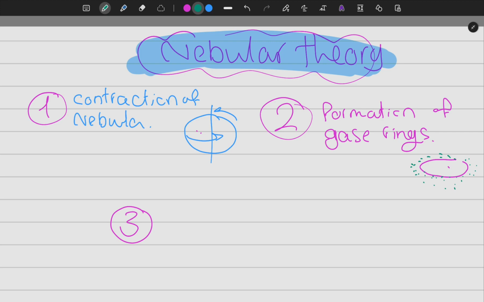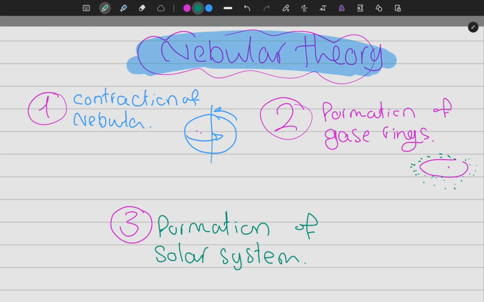Number three is the formation of the solar system. What about the formation of the solar system? These gases began to collect and condense together to form the eight planets we have. The gas rings cooled down and froze, forming the eight planets of the solar system, while the flaming mass remaining in the center formed the sun.